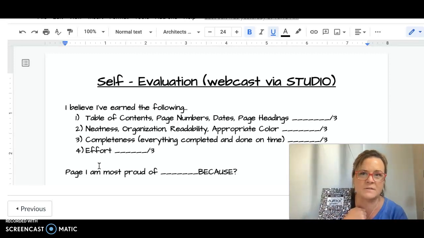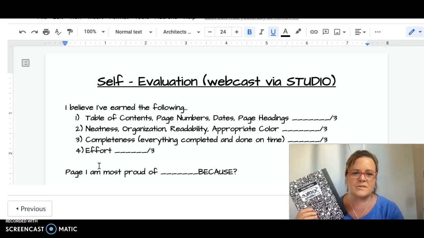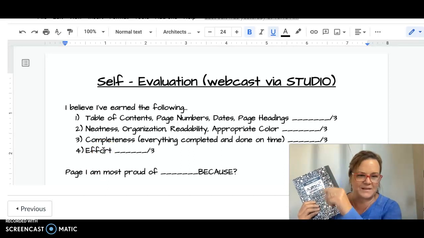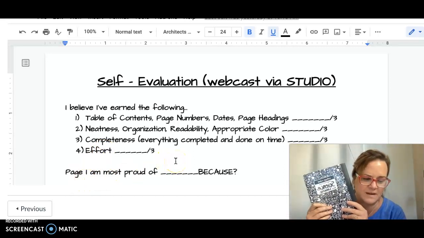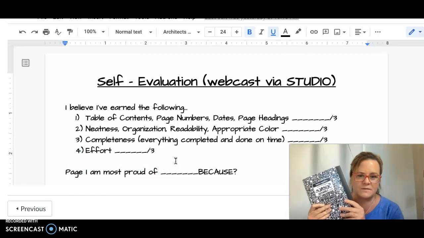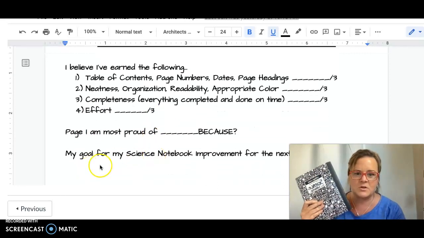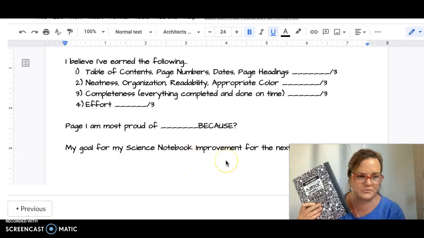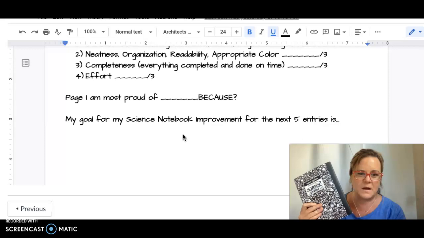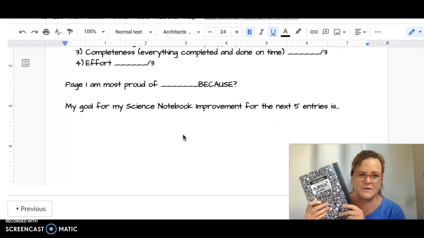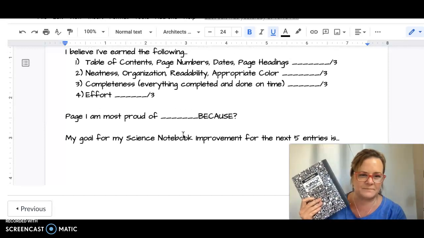Now, if you're not feeling awesome about your notebook, that's okay, you guys. We still have a few weeks to go before we check our notebooks again. So please don't stress about it. That piece about your goal for your science notebook improvement, that's a real question. I want to see that you are being thoughtful in terms of what you would like to get better at.